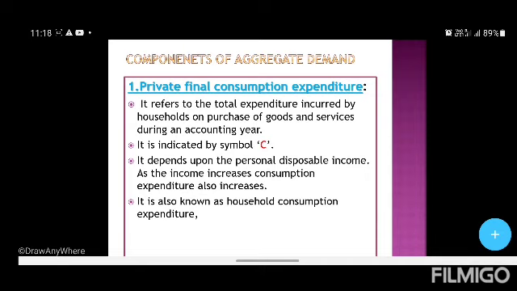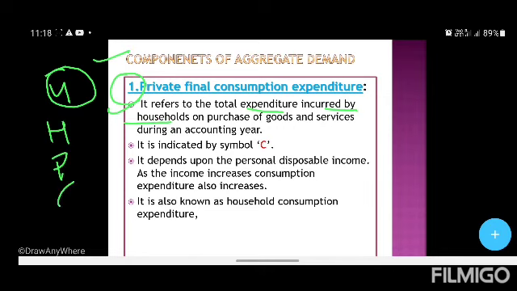So if we discuss the components of aggregate demand in detail, first one is private final consumption expenditure. It is called private. Why? Because here we are taking into account the total expenditure incurred by the households. जो भी हमारे हाउसहोल्ड सेक्टर है, देखिए बच्चे हमें पता है, we all know that we have 4 sectors in an economy. The first is household, then we have the production sector, then government sector, and then rest of the world.